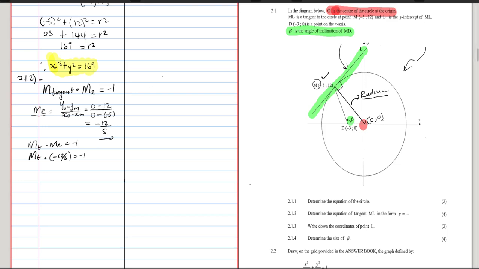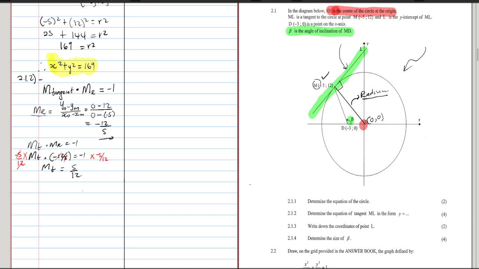So either I divide by -12 over 5 on both sides, or I can just multiply by the multiplicative inverse on both sides, -5 over 12. So this cancels that, the 12 cancels that, or you can just do the dividing thing, it's okay. Gradient of tangent is +5 over 12.